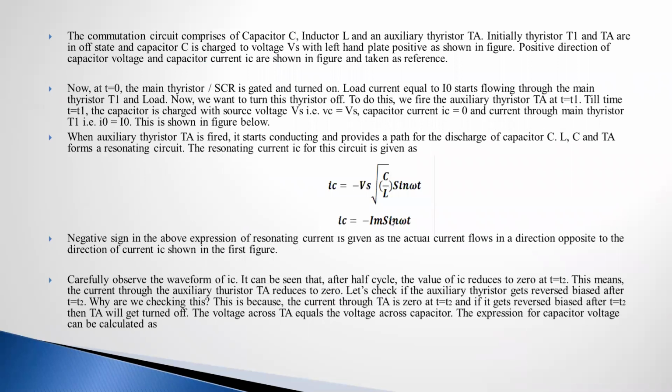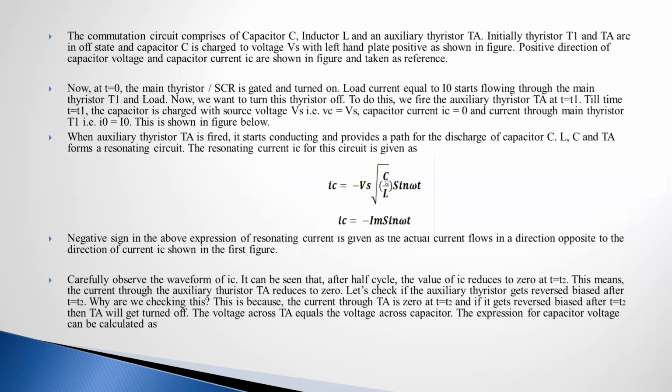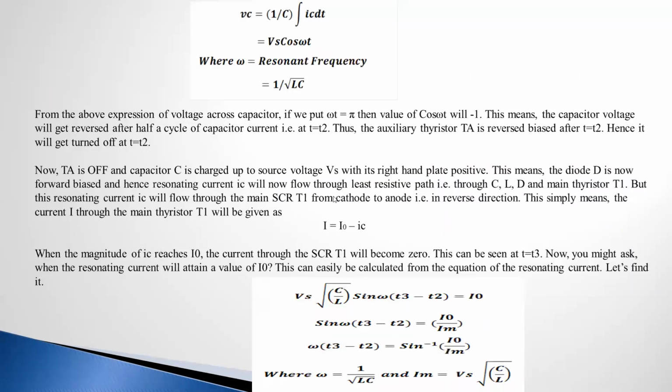IC is equal to Im sin omega t, the maximum value of the current, and Vc is equal to Vm sin omega t when the current is flowing through the resonance circuit. Vs is equal to minus Vs root of C by L into sin omega t, and then Vs root of C by L sin omega (t3 minus t2).